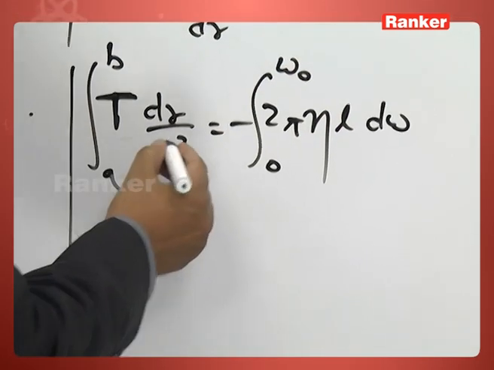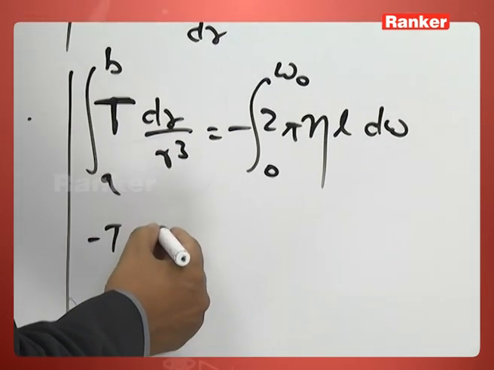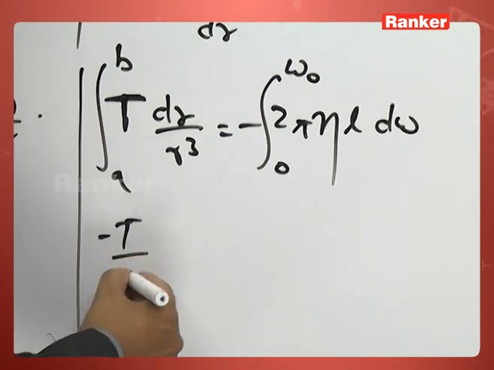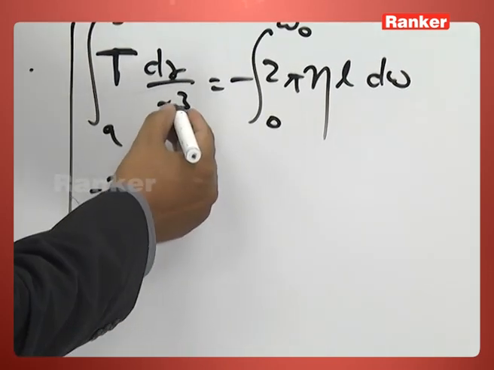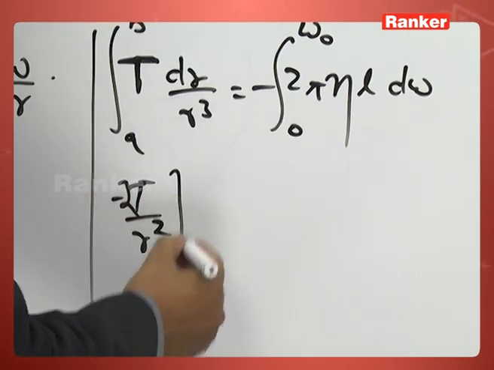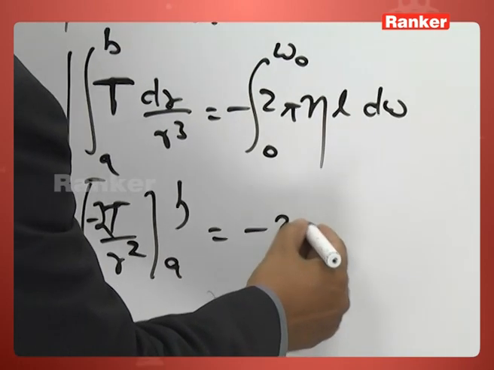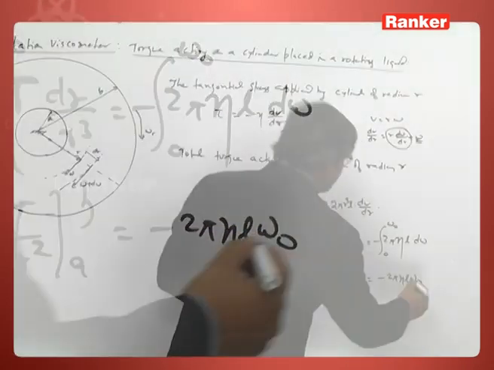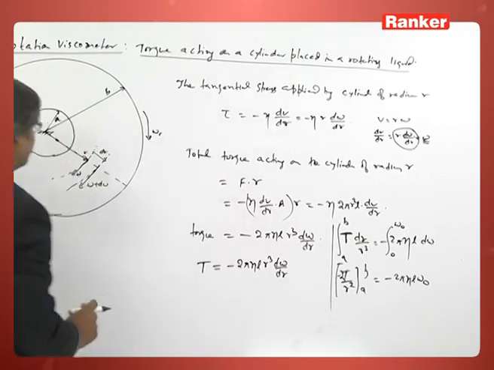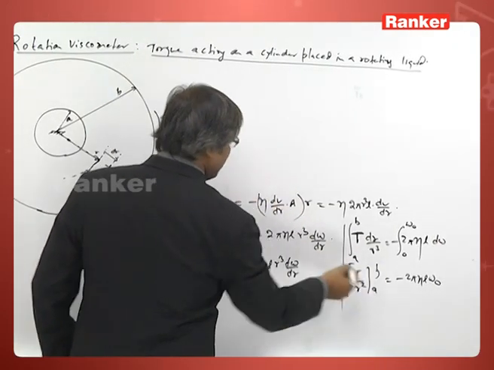So we have T times the integral of 1 by r cube, that is r to the power minus 3, so this is minus 1 by 2r square from a to b, equal to minus 2 pi eta L omega naught. So, let us do the integration. We will put b here.